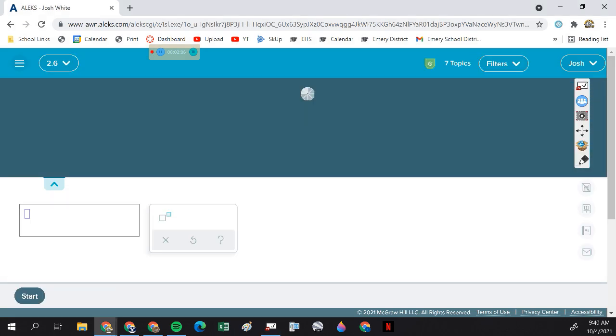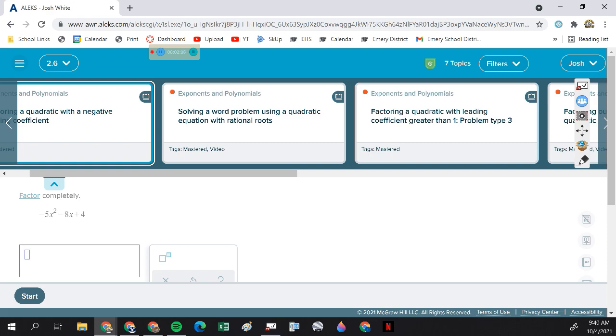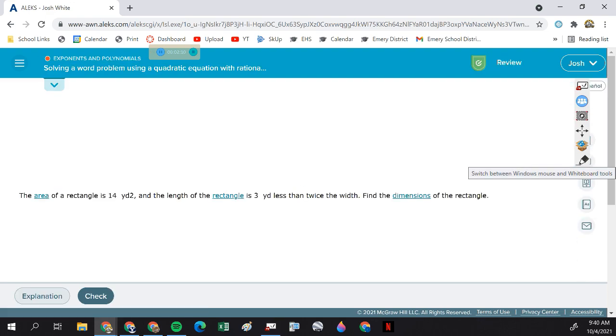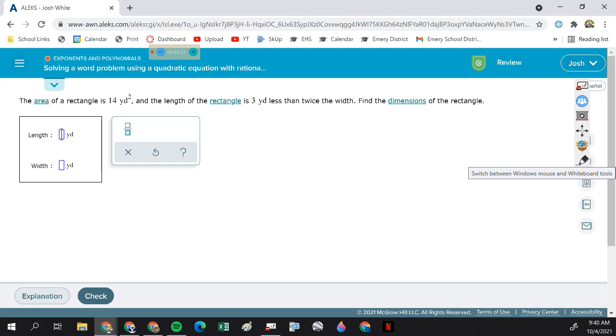All right, what else do we need to do in here? The area of a rectangle is 14 yards squared. The length of the rectangle is 3 yards less than twice the width.